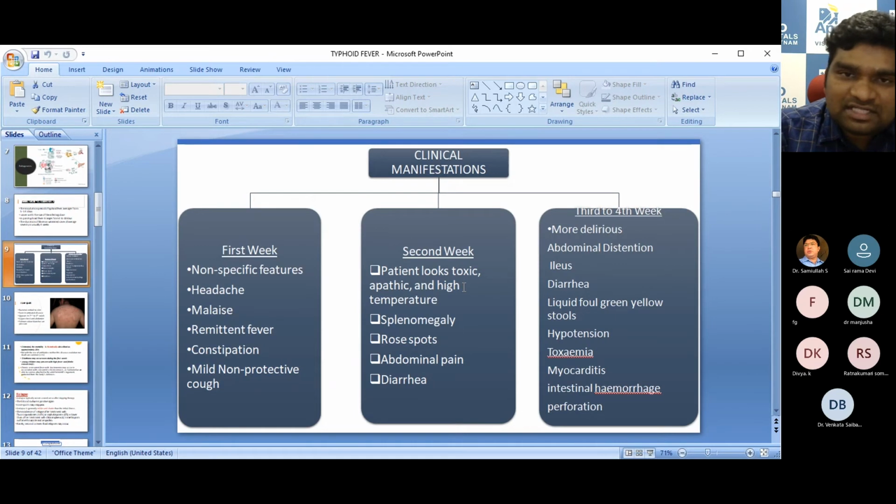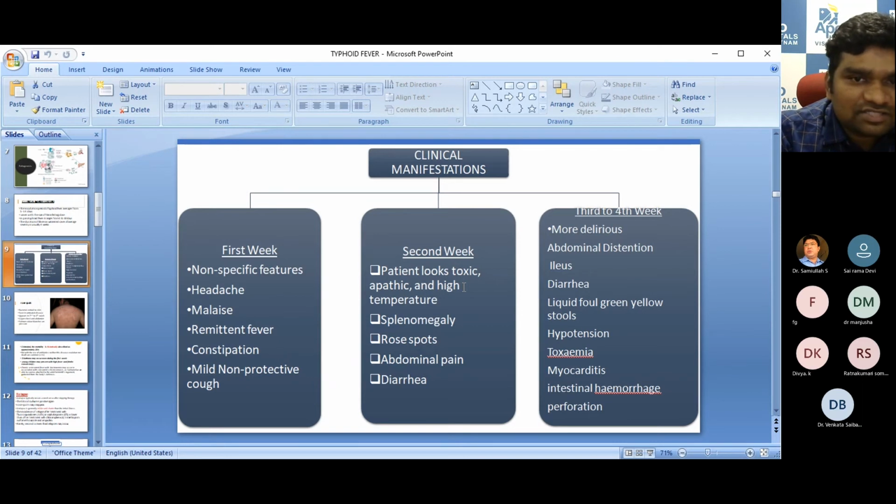Clinical manifestations can be broadly divided into three phases: first week, second week, and 3 to 4 weeks. In the first week, there are non-specific features, mostly headache, malaise, remittent fever, meaning the fever is continuous and does not touch the baseline, constipation, and a mild non-productive cough.